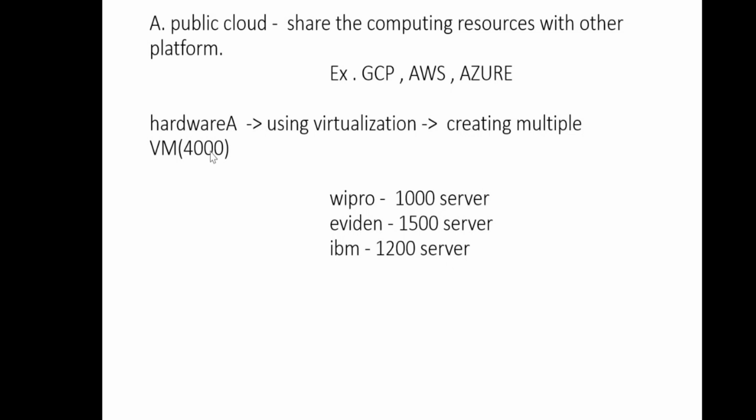So all the organizations are using servers running on a single hardware A. That means in the case of public cloud, they share the computing resources with other platforms or other tenants. Multiple tenants can use these computing resources from the same hardware. That is public cloud.